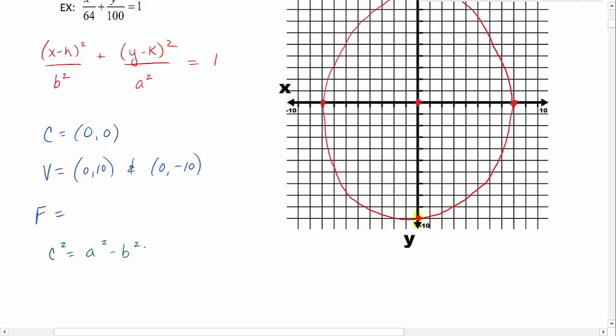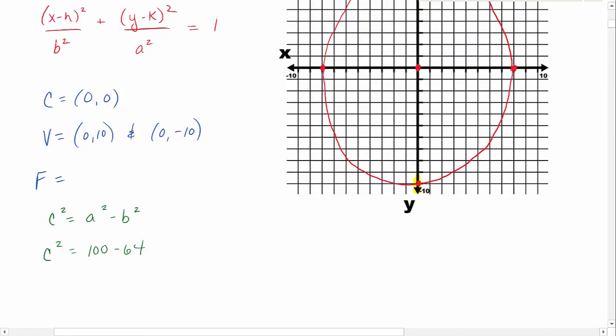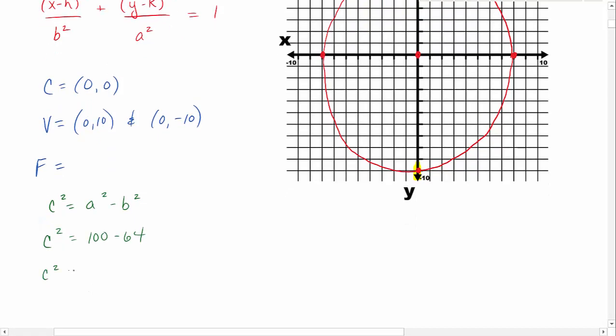So basically, it's the square root of the big denominator minus the little denominator. So c squared is going to be equal to 100 minus 64. c squared is equal to 36, making c equal to 6. Make sure you're taking the principal root here and not coming up with negative 6.